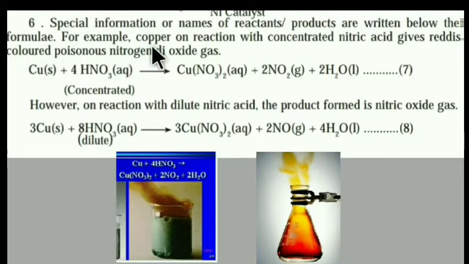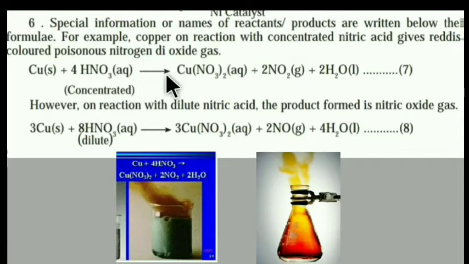For example, copper on reaction with concentrated nitric acid gives reddish colored poisonous nitrogen dioxide gas. Let us see the reaction: copper in solid state, nitric acid aqueous, that is concentrated nitric acid.